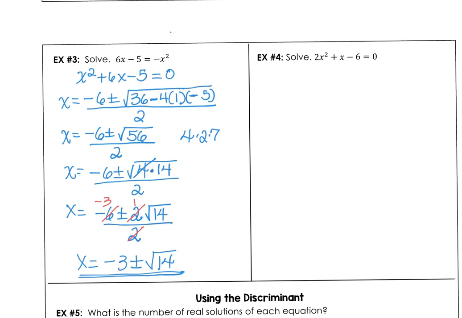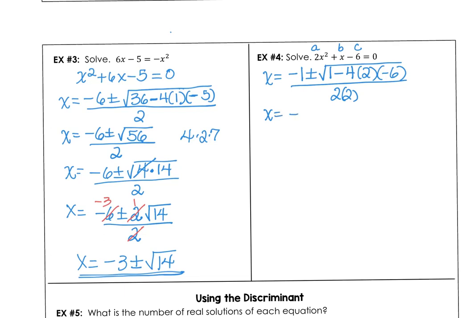In example 4, we're in standard form. The leading coefficient is the a value, so that's going to cause a little bit bigger denominator. Opposite b, plus or minus the square root of b squared minus 4 times a times c, all divided by 2 times a.